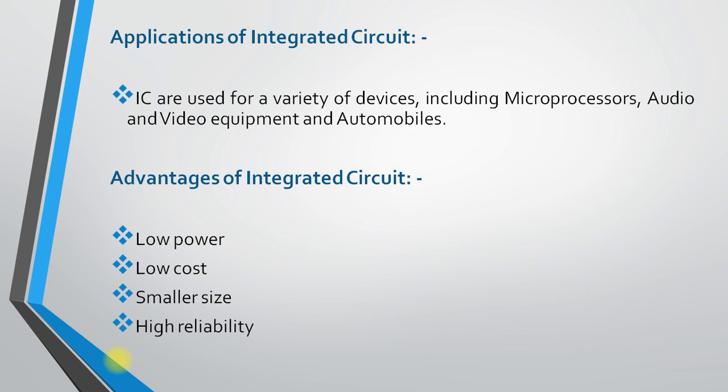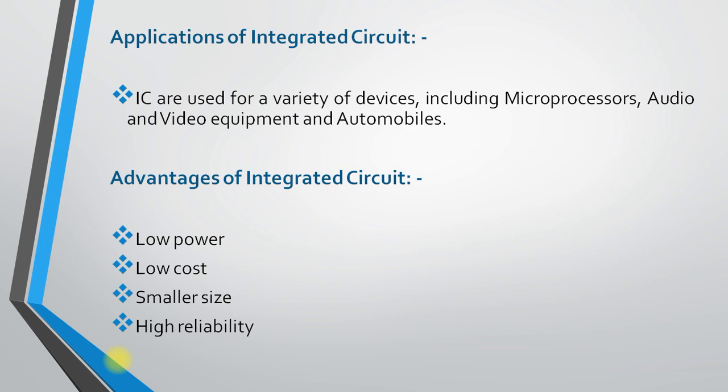It can also be used with equipment related to audio and video, and you can also use IC in the field of automobiles. These are all the fields or applications of integrated circuits. Let us repeat these applications once again. Number 1, ICs are used with a variety of devices including microprocessors, audio and video equipment and in the field of automobiles.